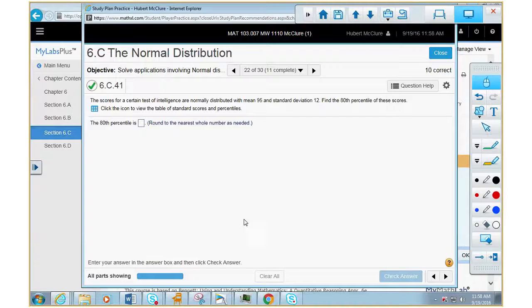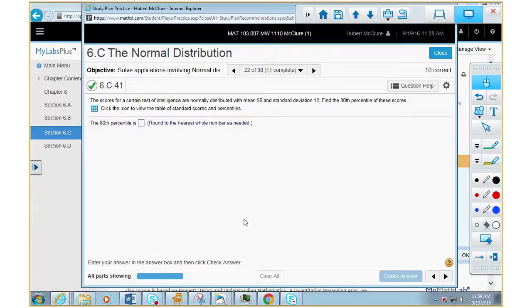All right, do this one. First thing I want you to do is draw a normal curve, do the empirical rule, and get an idea of where the answer is. It says, the scores for a certain test of intelligence are normally distributed with a mean of 95 and a standard deviation of 12.